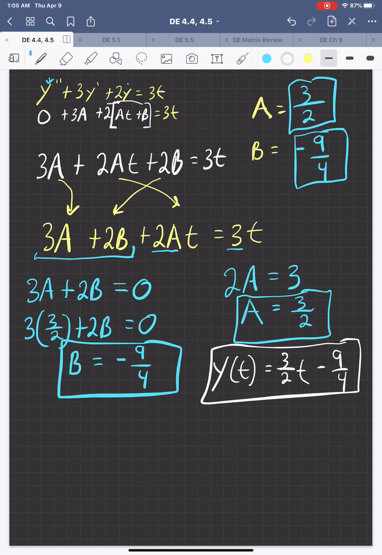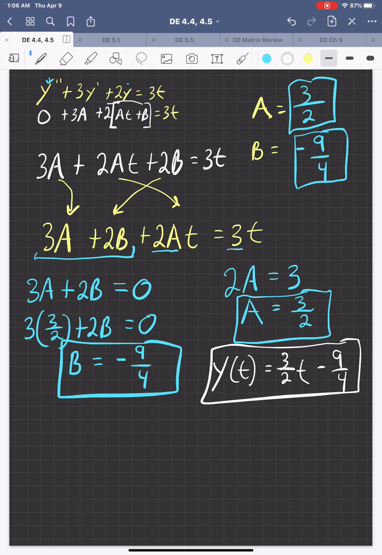If you wanted to double check that you did everything correctly, and you can do this on your own, you can take y prime, take y double prime, then plug those into our equation and see if, when you add everything up, you get 3t, right? Okay. So you can try that on your own.